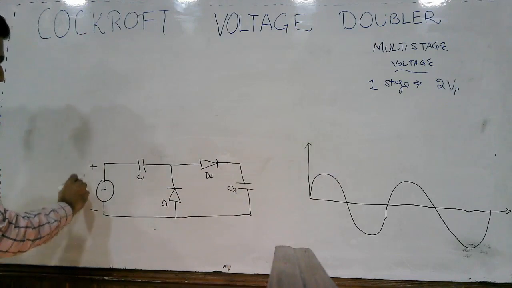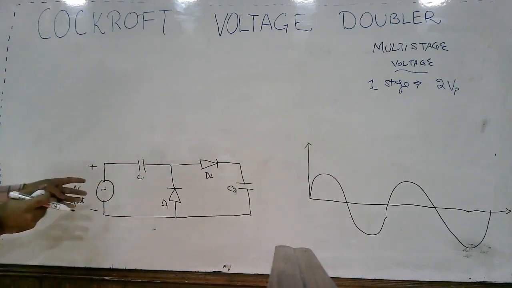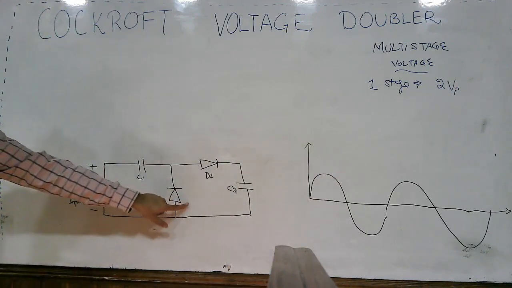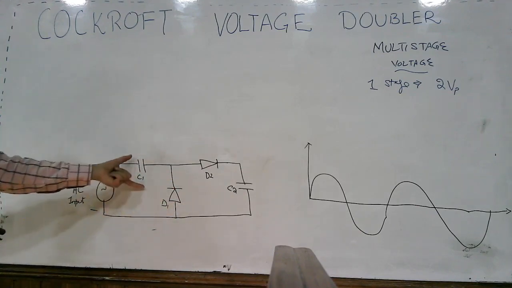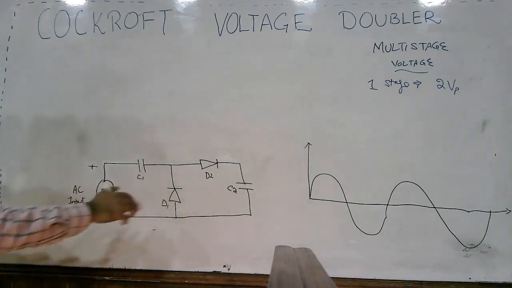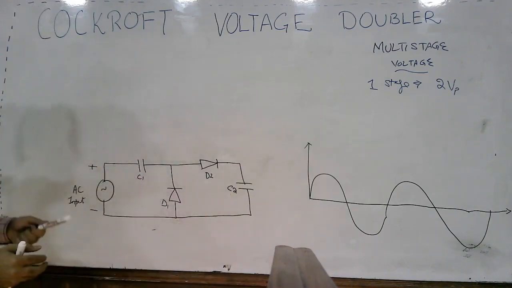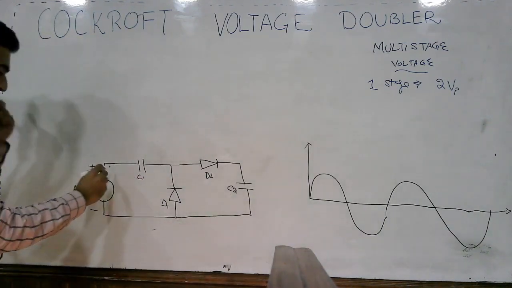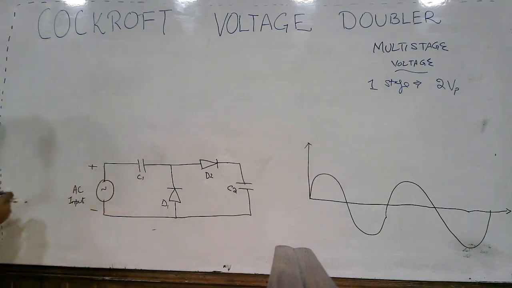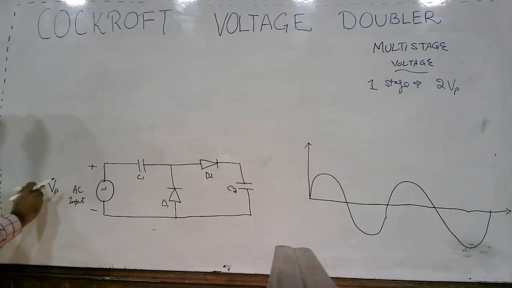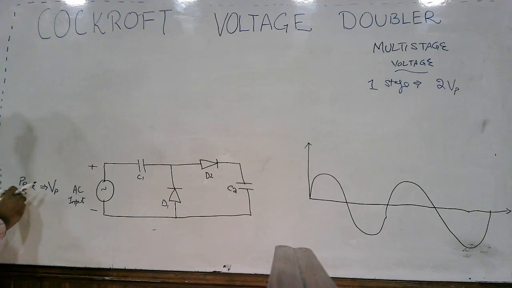So here you have the positive half, your diode D1 is reverse biased, and your capacitor C1 is forward biased, diode D2 is forward biased, and capacitor C2 is also forward biased. So the current flows in this direction. One more thing, here the peak value of the input voltage is this.